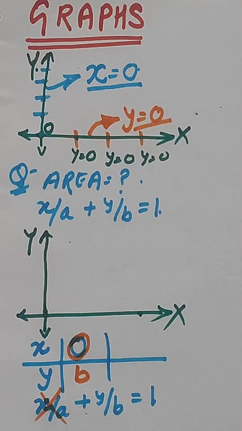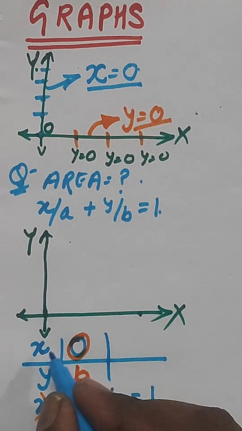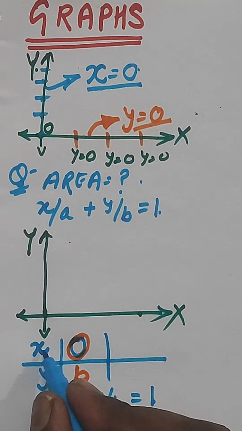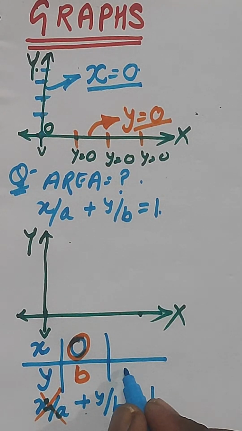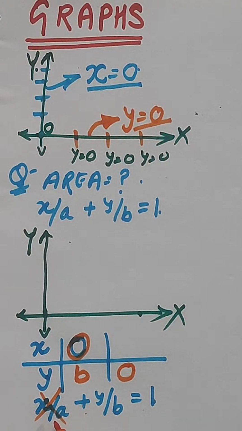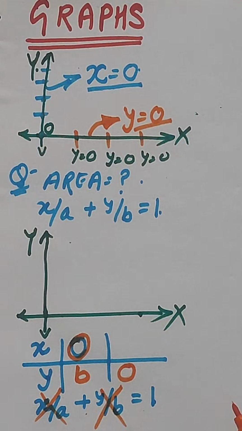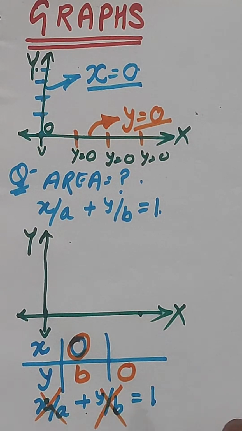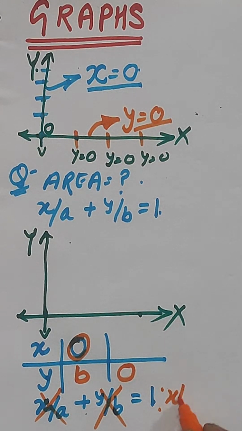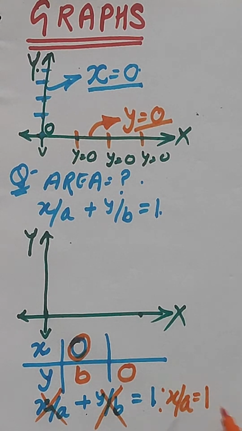Similarly, let us take another value. This time, take the value of y as equal to 0, right? If y is equal to 0, this term will be equal to 0, and we have x by a is equal to 1.